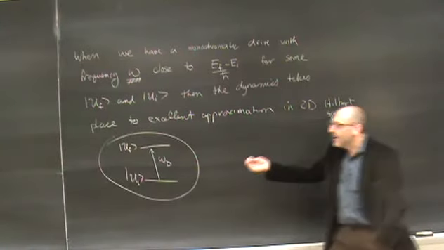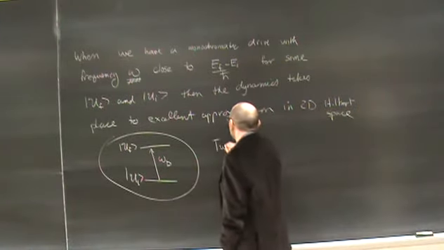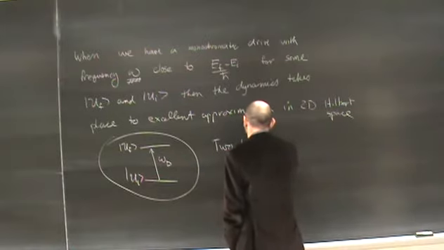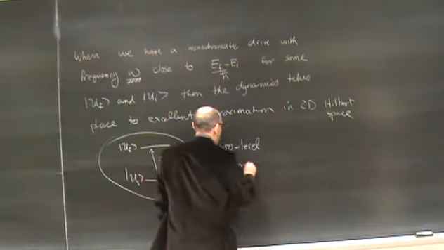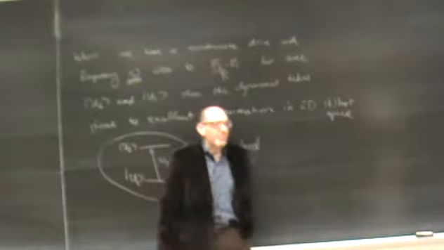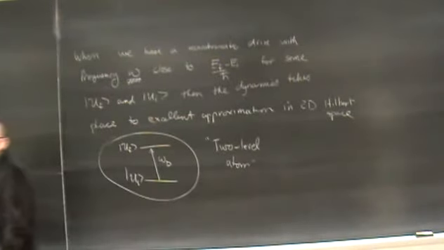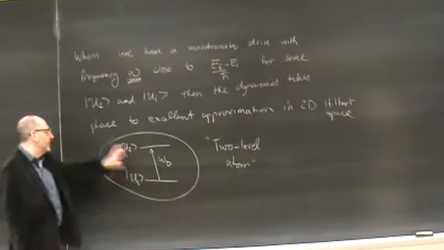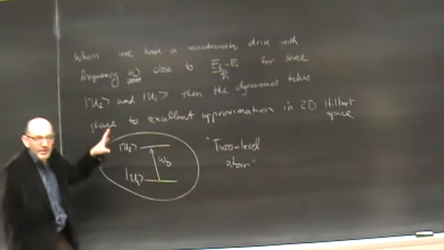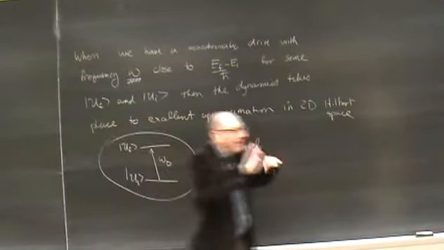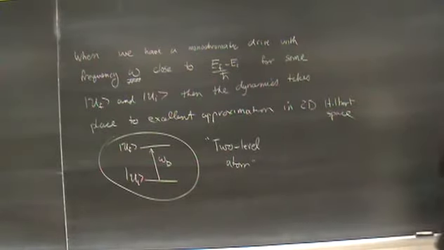And if this were an atom, this is what we call a two-level atom. Of course, atoms have lots more levels. But when people talk about a two-level atom, what they mean is that we're driving the system close to the resonance between two levels, and then I can ignore all the other levels. They play almost no role whatsoever in what's going on.